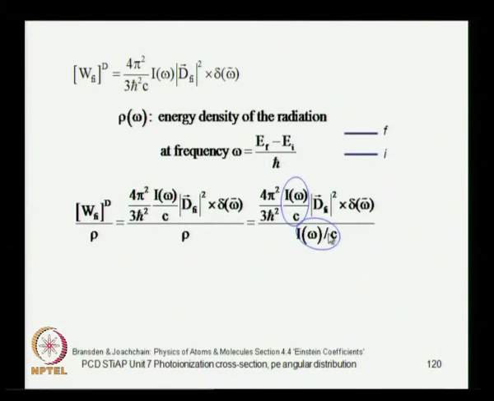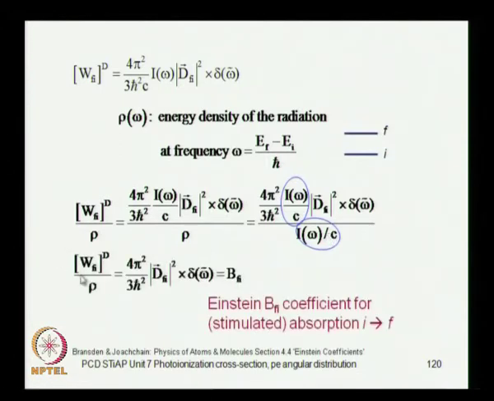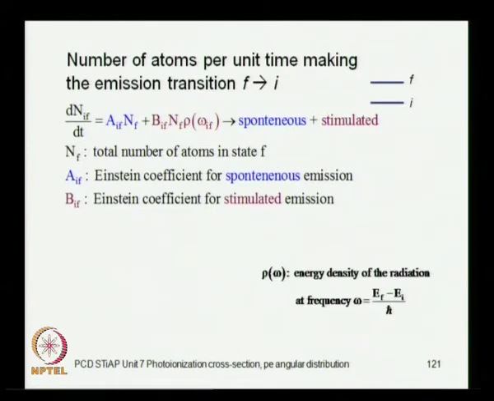So these terms will cancel each other, and you are left with this transition rate per unit energy density, which is defined as Einstein's B coefficient. So this is the Einstein B coefficient for stimulated absorption from I to F. Then you have a similar term for the emission also, but emission can be because of two processes, either spontaneous or stimulated.